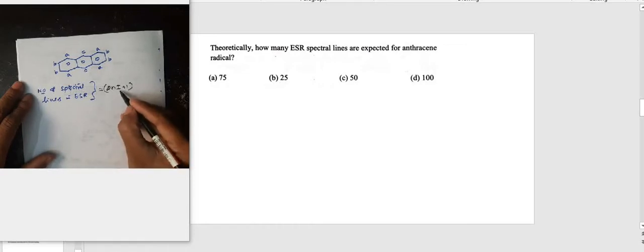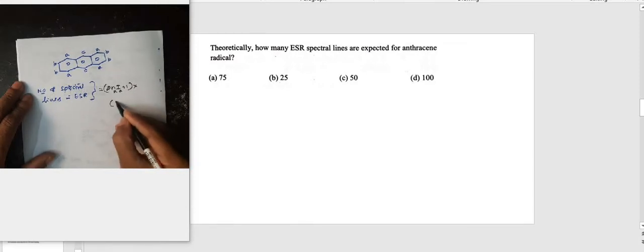So it is (2 Na Ia plus 1) into (2 Nb Ib plus 1) into (2 Nc Ic plus 1), where N is the number of protons and I is the nuclear spin quantum number.